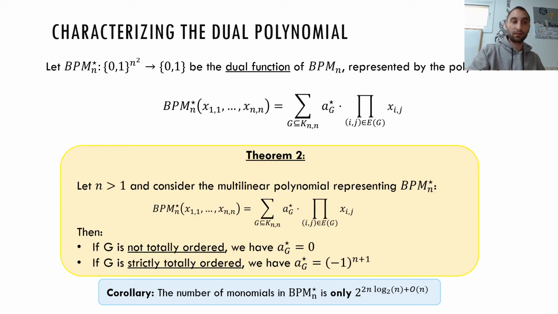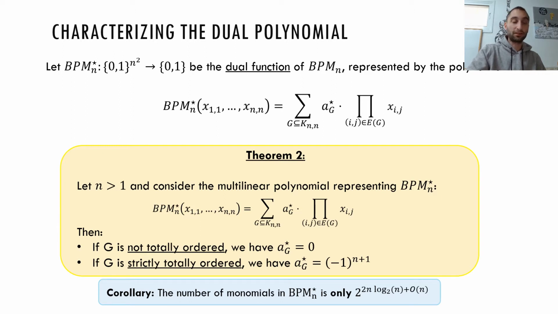So these two characterizations, while incomplete, give us a very tight bound on the number of monomials that may appear in BPM star. In particular, the number of monomials is only roughly 2 to the 2n log n. This is in stark contrast to the original polynomial, BPM, which had all the elementary and matching covered graphs as monomials, which are asymptotically almost all graphs, since with high probability a random graph is elementary.